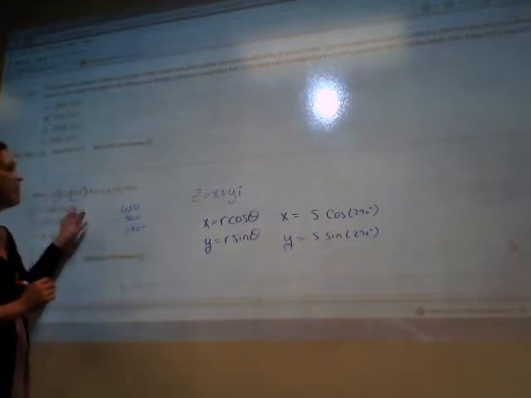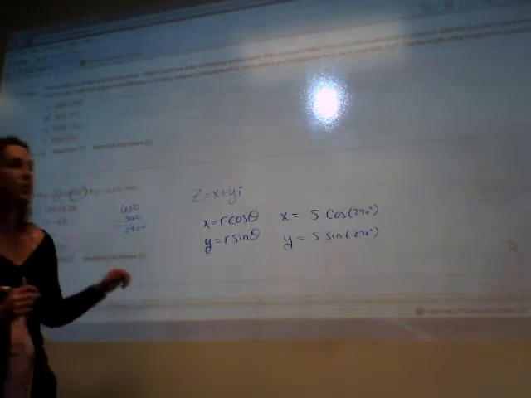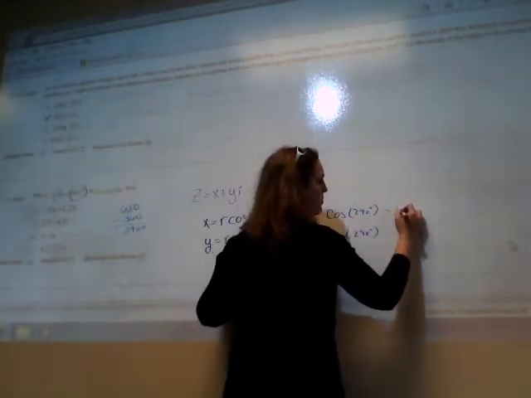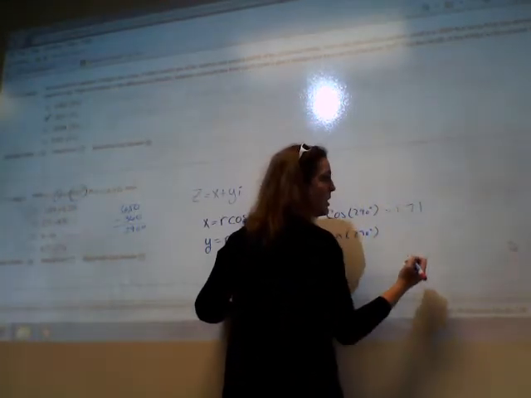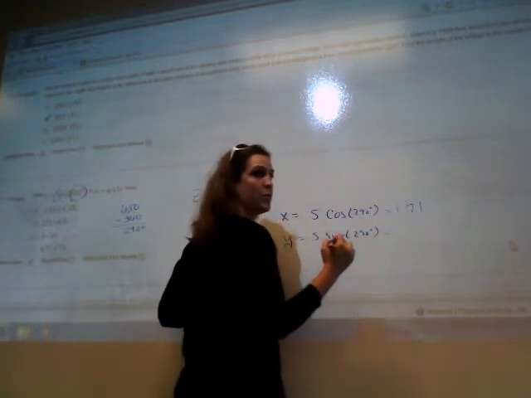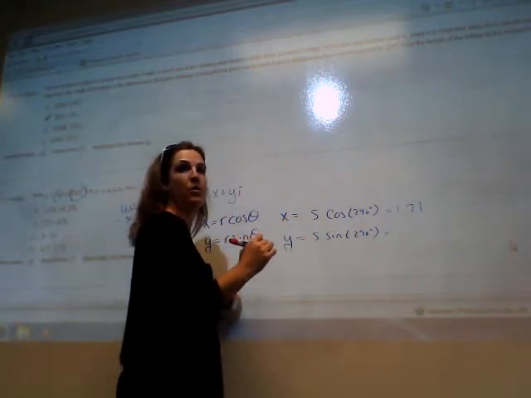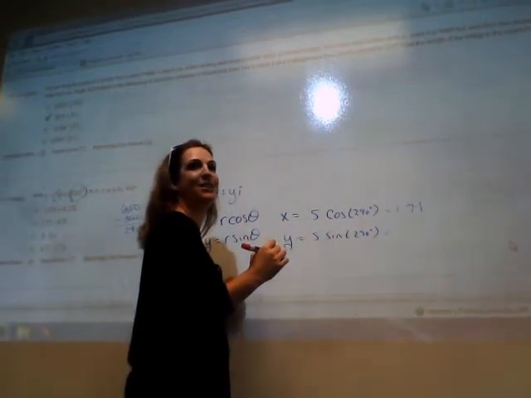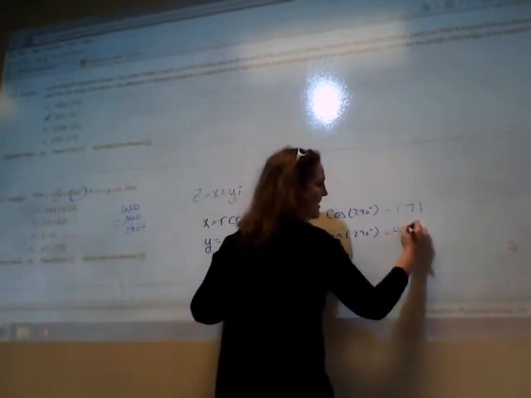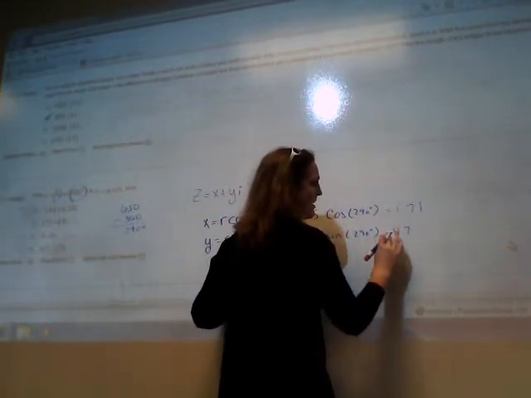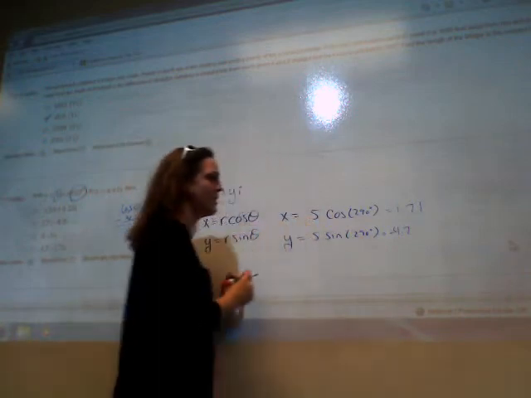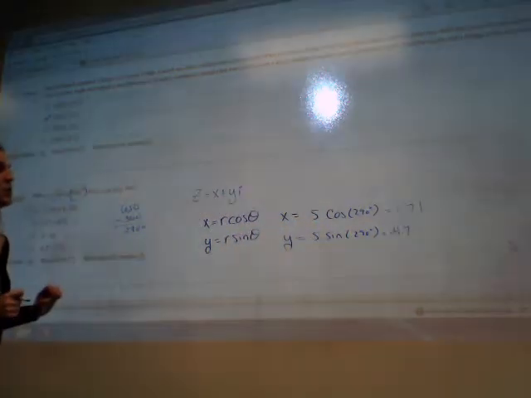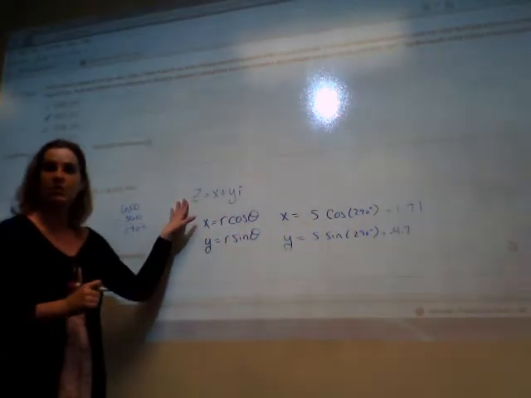X equals 1.71. And y is equal to? Negative 4.7. Okay, so we need to go ahead and plug that back in here, right?